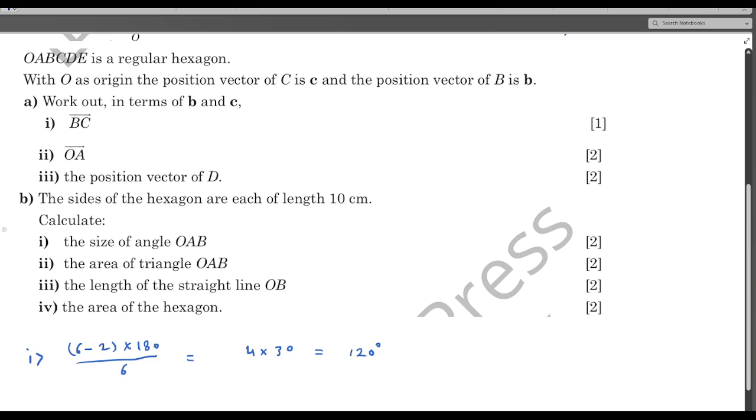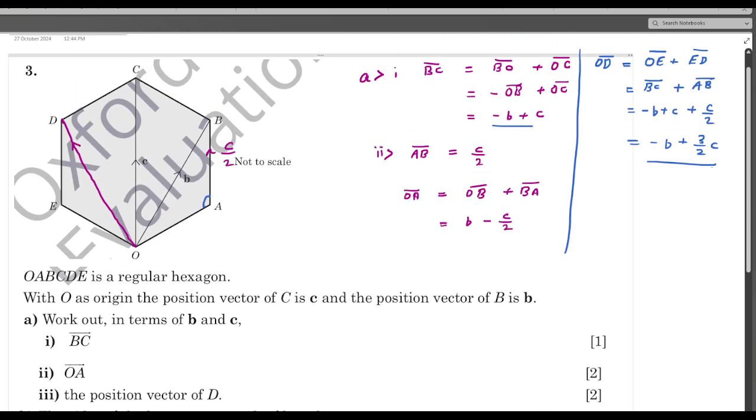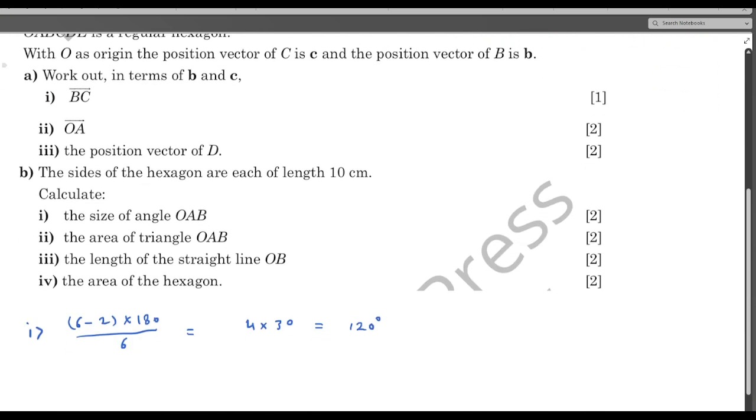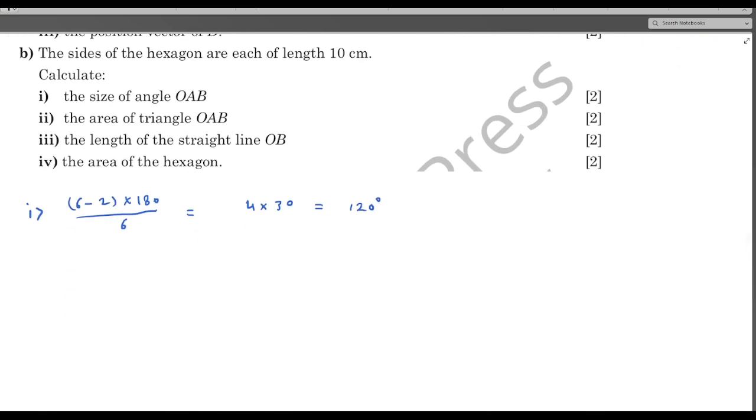The area of triangle OAB. Now OAB, this area we need to find out. Now this area is equal to 1 by 2 times, the side length is given 10, so it is 10 times 10 times sine of 120 degrees.